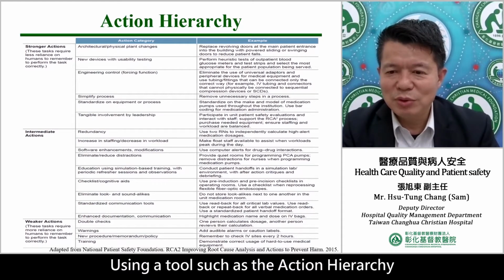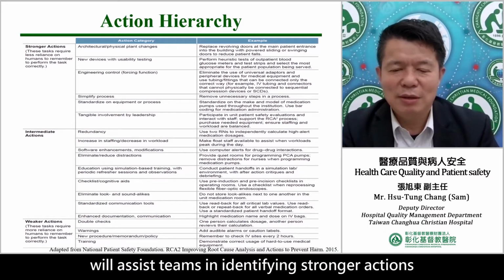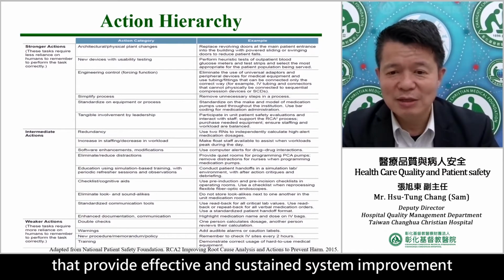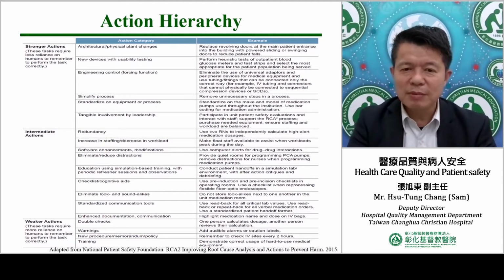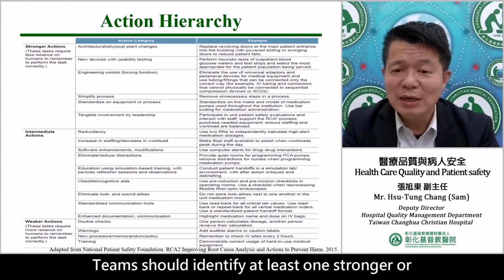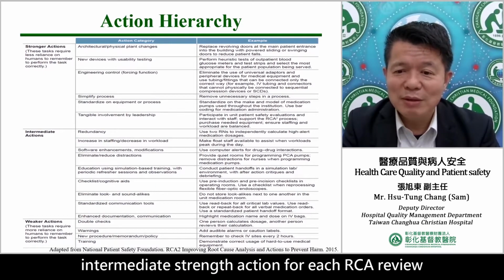Using tools such as the action hierarchy will assist teams in identifying stronger actions that provide effective and sustained system improvement. Teams should identify at least one stronger or intermediate strength action for each root cause analysis review.